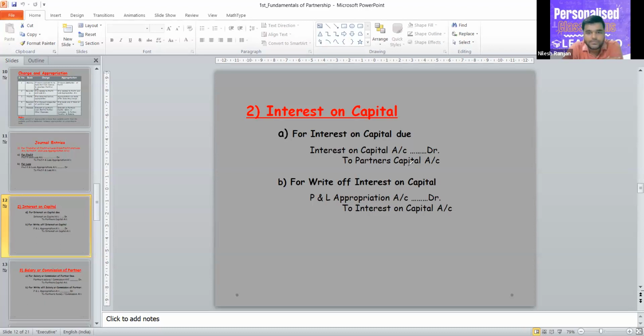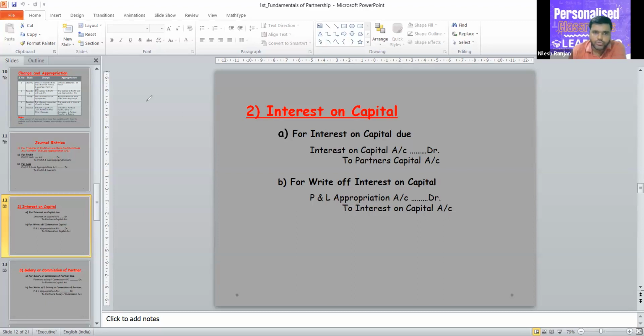If we don't pay it in cash and we credit it in the partner's capital account, then the partner's capital account will increase. So the partner's capital account is credited here.